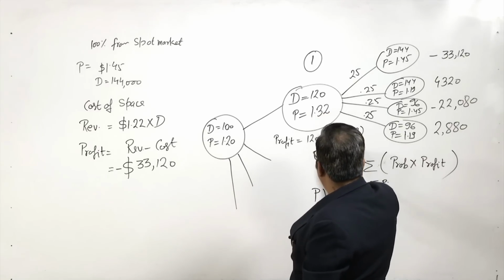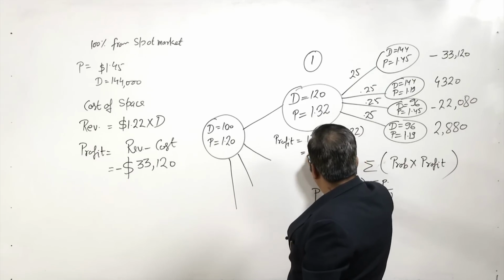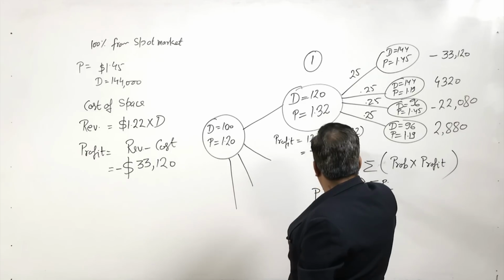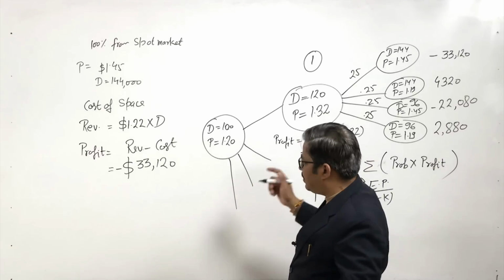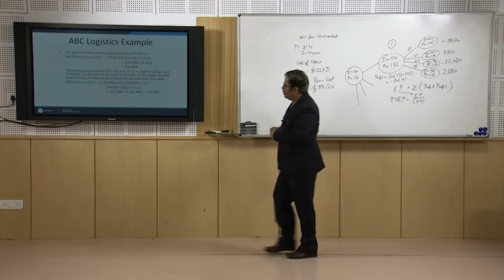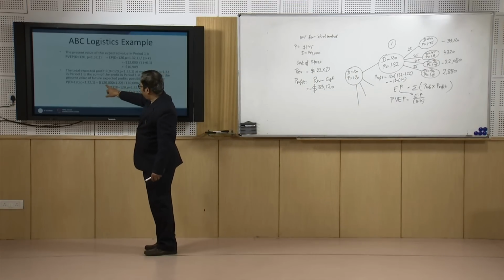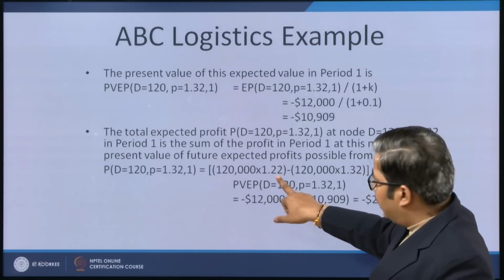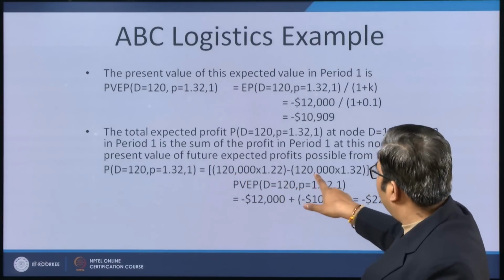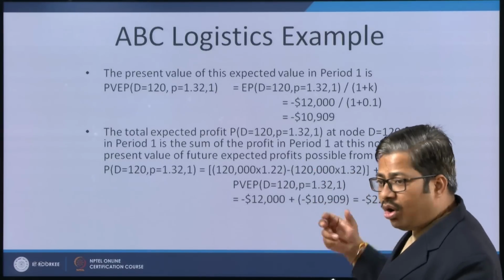So, this is coming to be minus 0.10, and therefore, this is also coming to be the loss in this particular case. So, that is what is shown here, that 120 into 1.22 is the revenue factor, 120 into 1.32 is the cost factor.